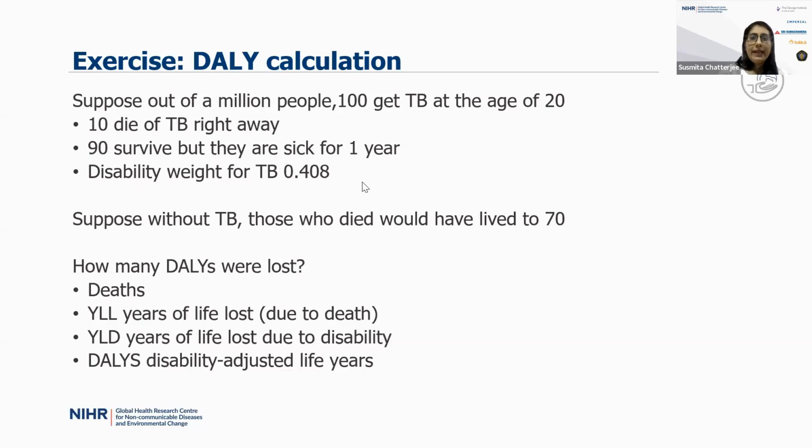Deaths were 10, right? How many years were they supposed to live? So 10 people died. Simple. Deaths were 10. How many years were those people supposed to live? If the person had not died, how many years was the person supposed to live?